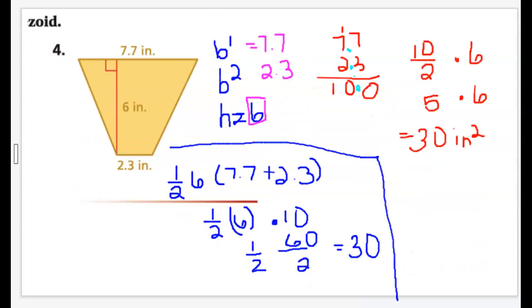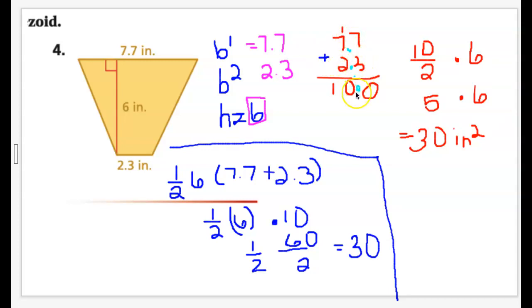Let's try one more. With this trapezoid, we begin by identifying the bases. One is 7.7 and the other is 2.3, two parallel lines. The height is 6, and we identify that by looking for the 45-degree angle. With our first formula, base 1 plus base 2 divided by 2 times the height, we're going to take our 7 7/10 and add that with 2 3/10.